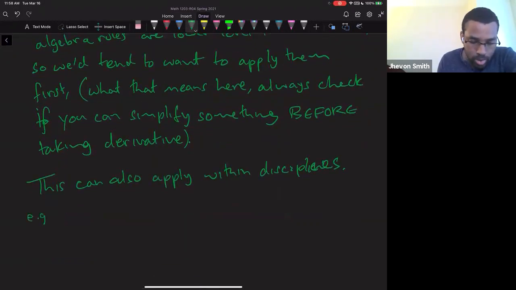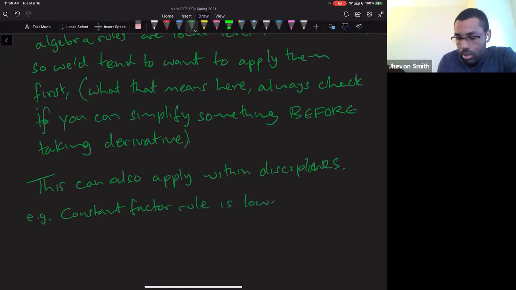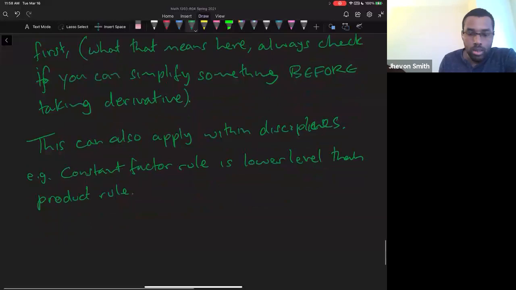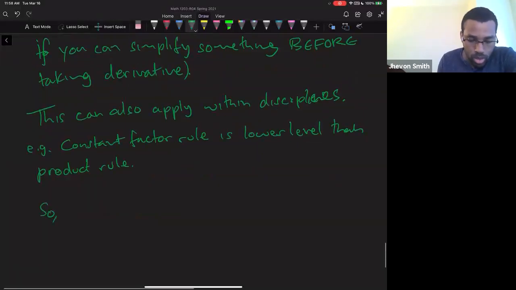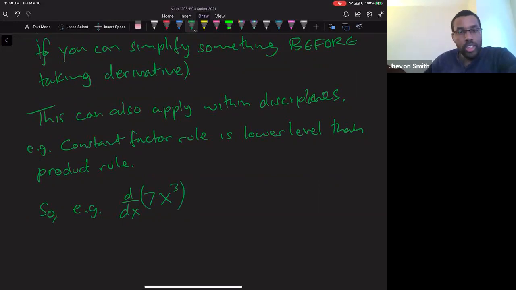So example, constant factor rule is lower level than product rule, right? So, for example, if I ask you to differentiate 7x cubed, and now you actually know the product rule, it turns out one of these functions is a constant.